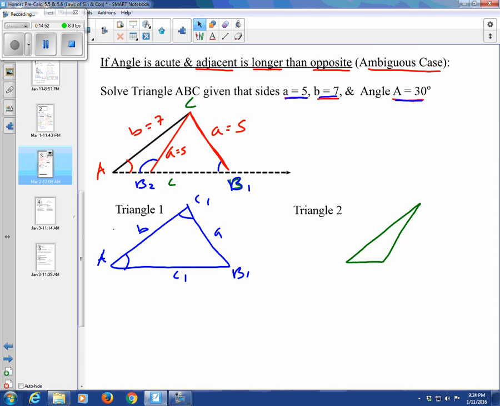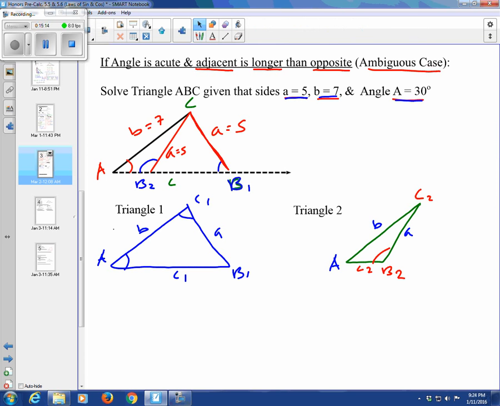So again, angle A, side B, and side little a are the same dimensions. But in our second triangle, we have an obtuse angle B, we'll call B2. We've got a smaller angle C, we'll call C2, and a smaller side C, we'll call little c2.